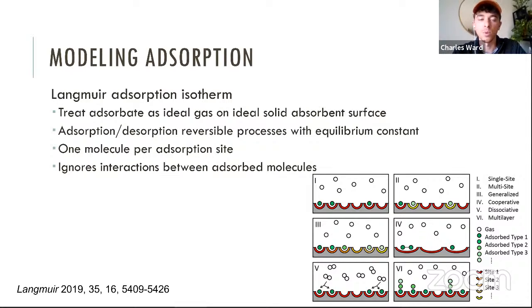Using the assumption that there's 1 molecule per adsorption site. And this model also ignores interactions between the adsorbed molecules. So on this image, I'm using this top left-hand one where all the adsorption sites are the same, and there's 1 molecule per each of them.